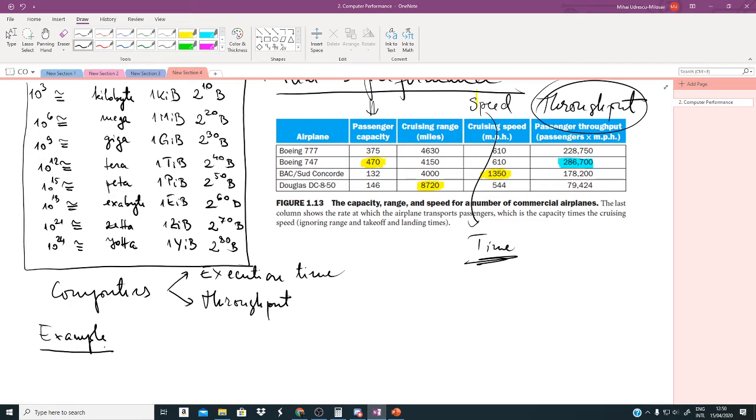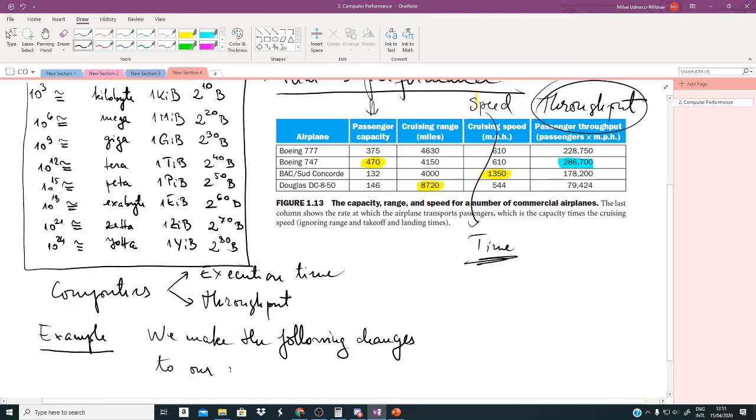Throughput versus response time. So we have a computer system and we make the following changes to our computer system. 1: we replace the processor with a faster version.